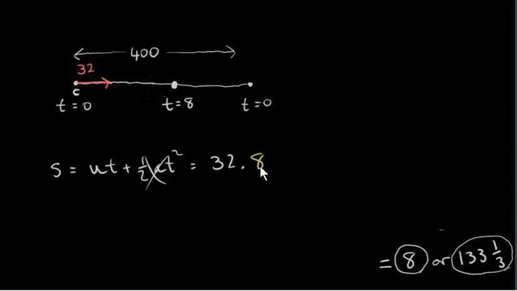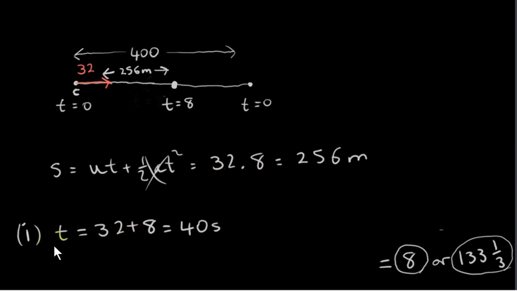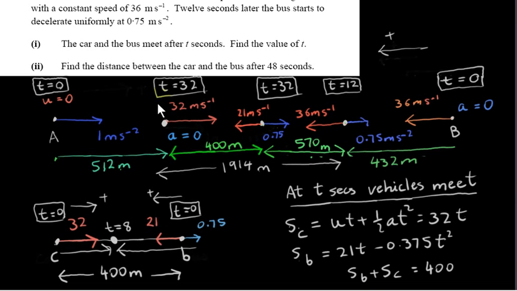So we're just talking about speed times time. By the way, the answer to part 1 of the question is got by adding 8 seconds onto the time taken for the car to get to here. It's t equals 0 here for this leg of the journey, but this time corresponded to t equals 32. So we have to add 32 onto 8.